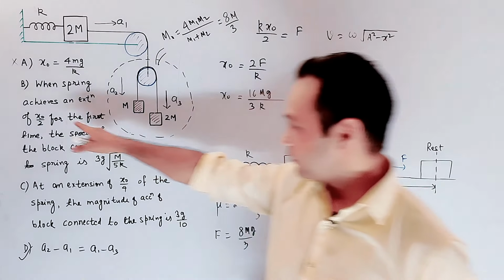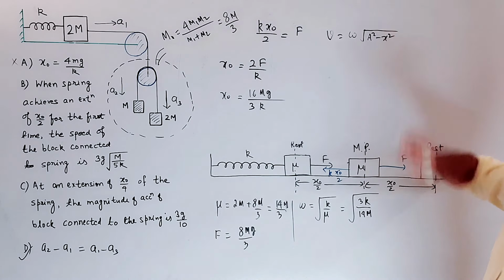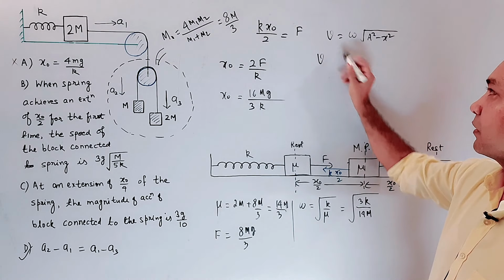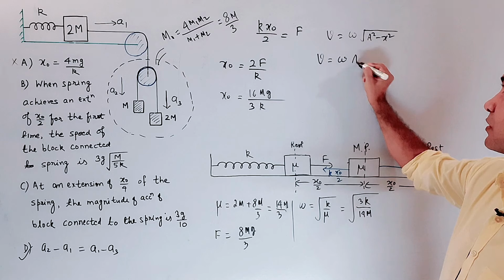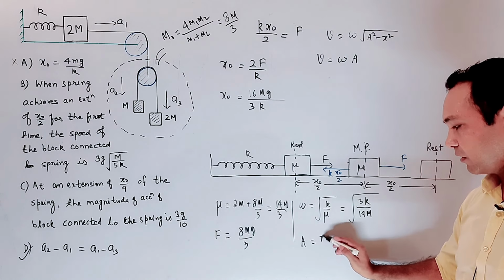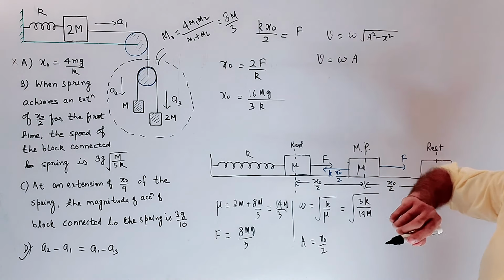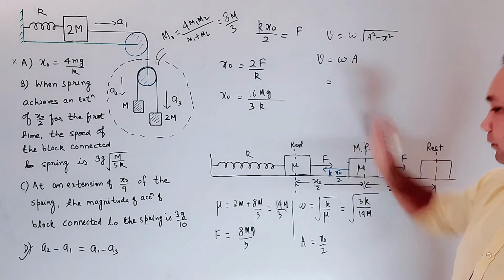The position that is asked, x naught by 2 extension, is the mean position. So here x is 0, so v is simply omega into a, where a is the amplitude, and you can see that the amplitude here is nothing but x naught by 2. So the required answer for part B will be simply omega a.